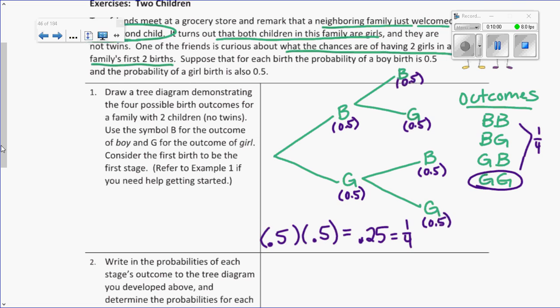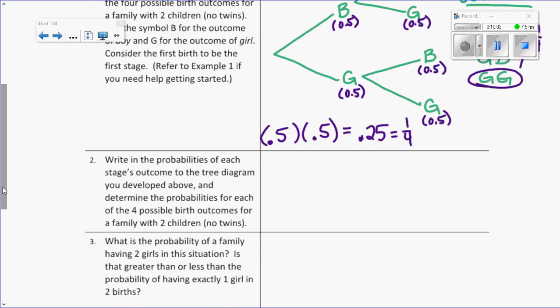Okay, so that actually is this one, right in the probabilities of each stage's outcome in the tree diagram. The other way we can write it is it's a 1/2 chance of having a girl, and it's another 1/2 chance the next time. So 1/2 times 1/2 is 1/4, and we know that that's 25%.